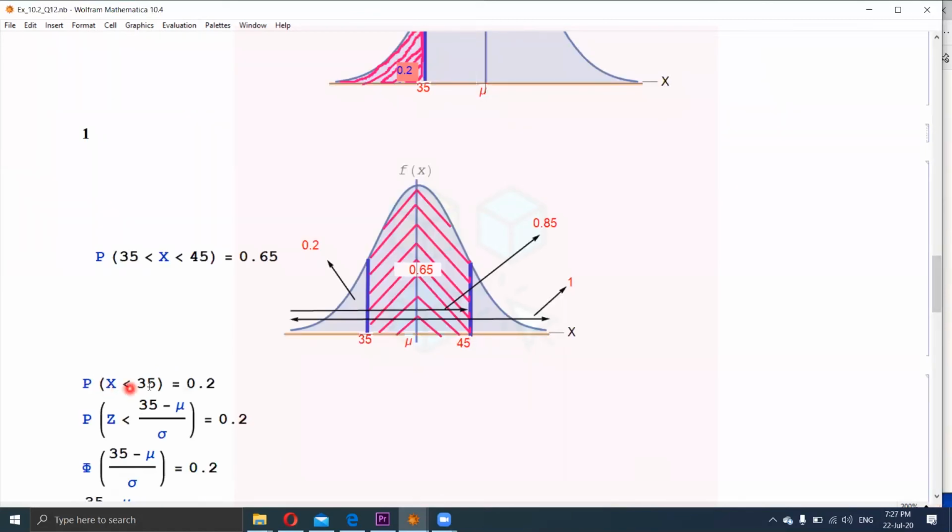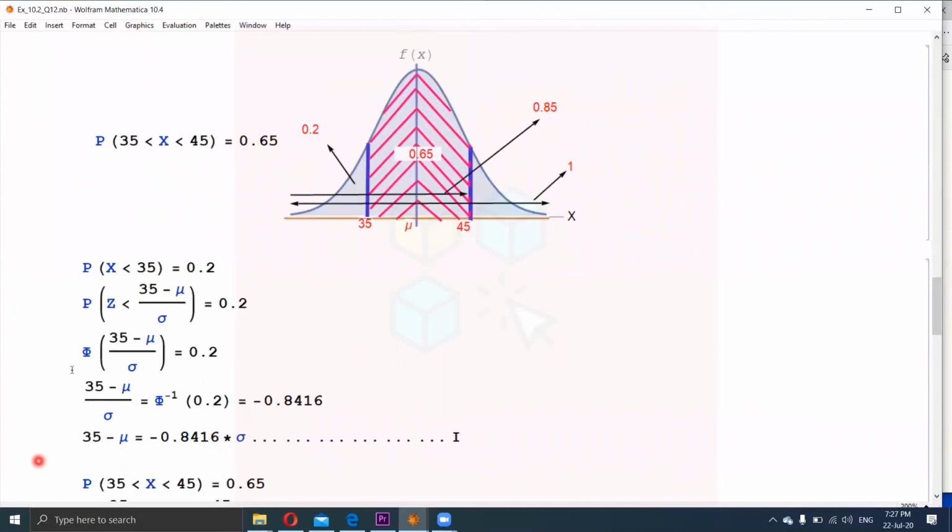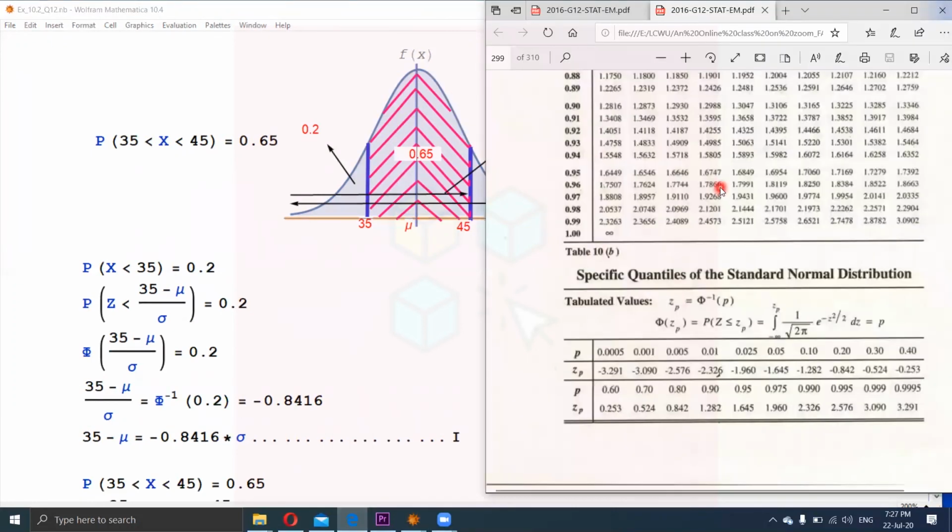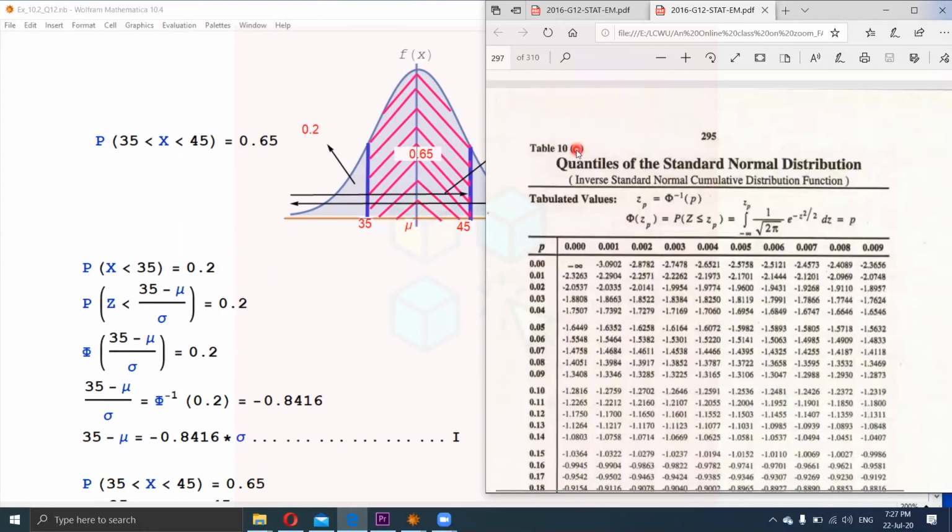Probability x less than 35 is 0.2, convert it into the z-score, and probability z less than can be written in the form of phi. Phi of z-score is equal to 0.2, and next we can write z-score is equal to phi inverse of 0.2, and using the table we can observe that 0.2 is this, table 10a, quantiles of the standard normal distribution.